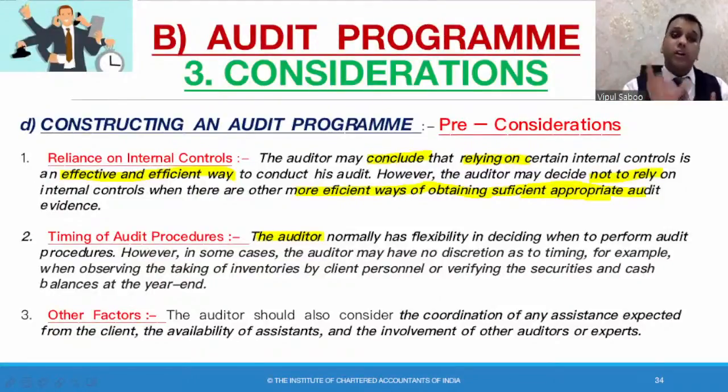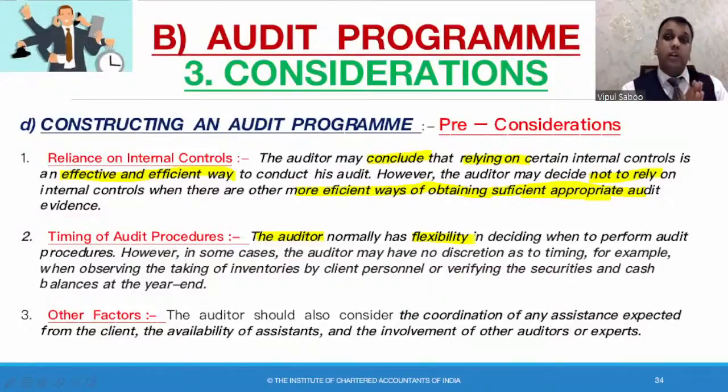Similarly, the timing of audit procedures is important. So the auditor normally has flexibility in deciding when to perform audit procedures. I gave you an example in the beginning of our session. In the hotel example, I told you that during the Christmas vacation time, there are bulk bookings with the hotel. So the auditor has flexibility available to him, right?